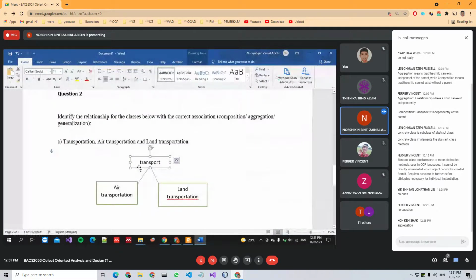That means if we remove this one, the other one still exists. Do you guys agree that this is aggregation, or any other answer than Konkenshak's?